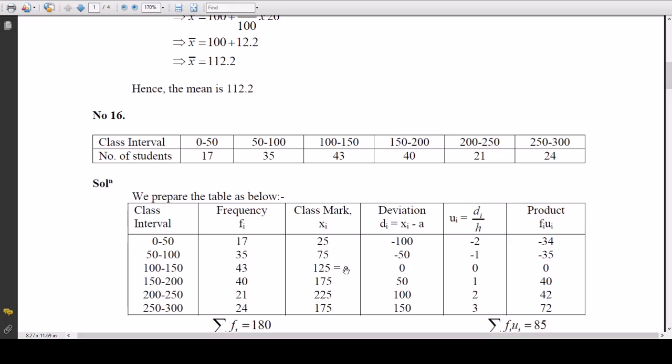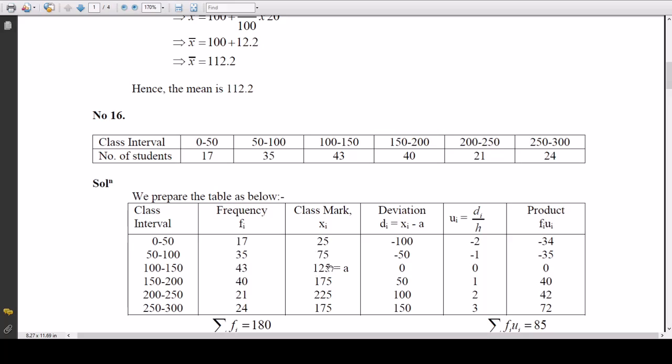Now once we assume A to be 125, we'll find the deviation, which is xi minus A. That means 25 minus 125. Which is greater, plus or minus?